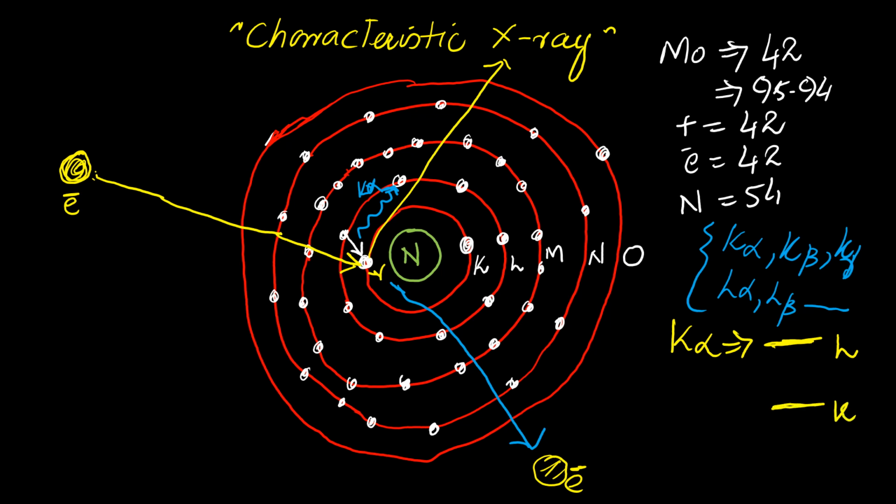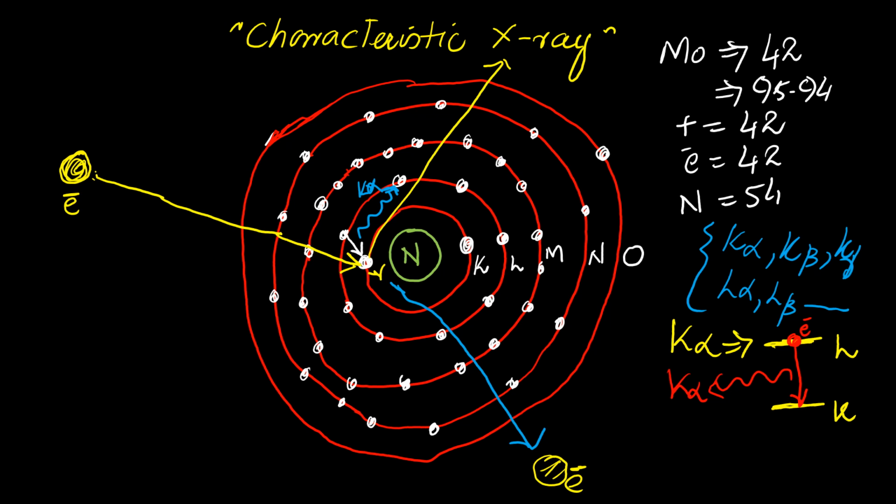The electron present in the L shell, whenever it jumps into the K shell, releases electromagnetic radiation in the form of K alpha X-rays.